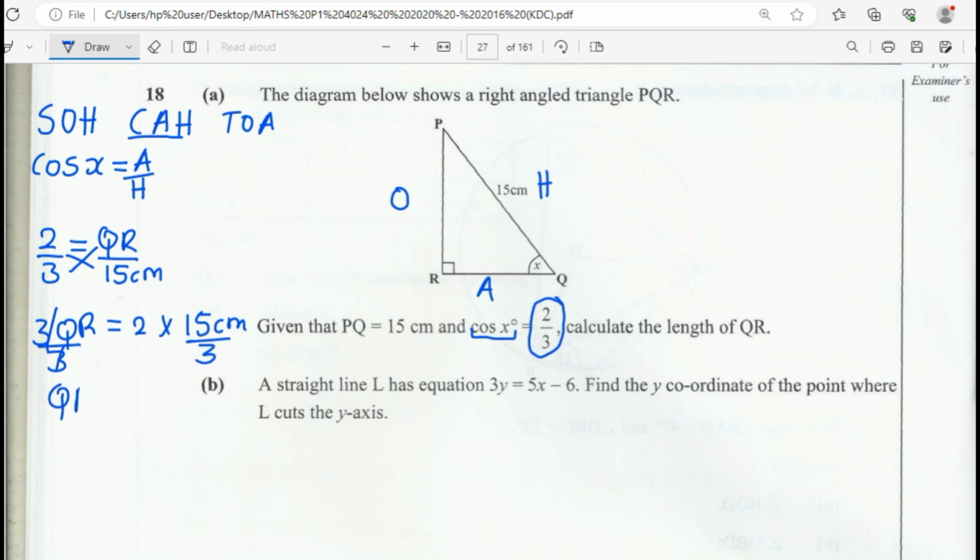Then what's our QR? 3 into 3 is 1. 3 into 15 will give us 5. 5 times 2, our final answer is just 10 centimeters. So this is how we can solve for this missing distance.